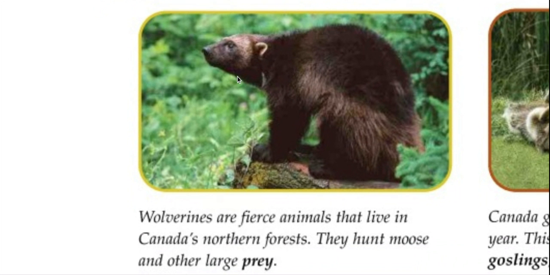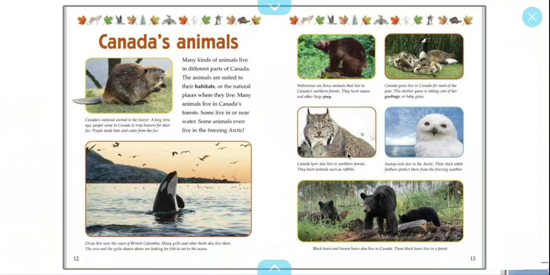Wolverine, and also one other thing, they don't hunt for small stuff, they hunt for big stuff. Wolverines are fierce animals that live in Canada's northern forest. They hunt moose and other large prey. See, use the word large. And moose, even wolves have trouble hunting them, and these little small creatures, wolverines, actually can attack.